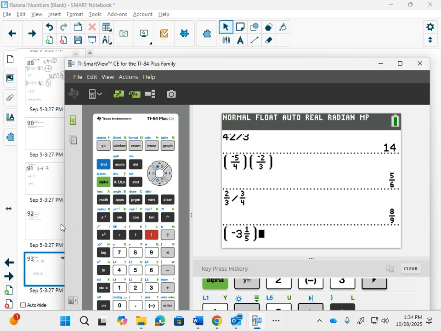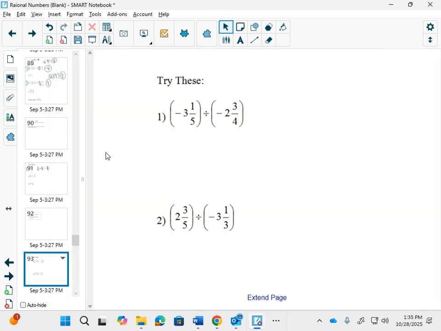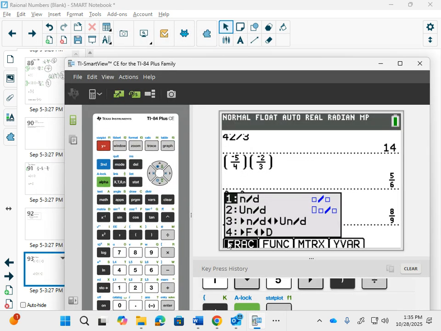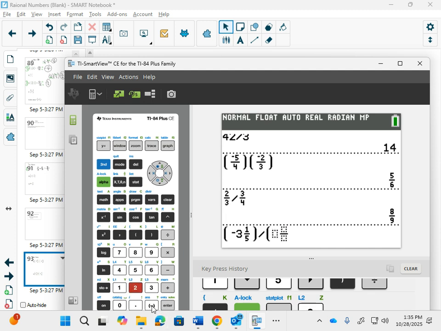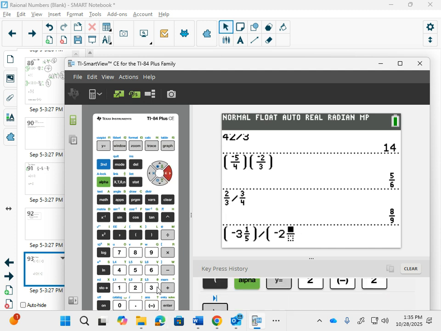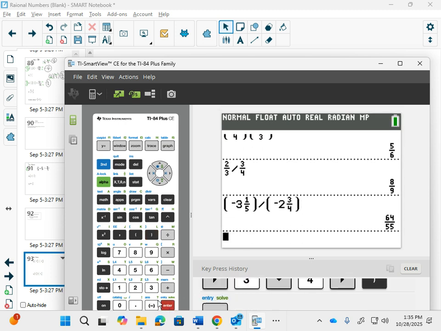Close that bracket. Divided by another bracket, negative 2 3/4. So we have a good calculator that lets us type the fractions. We push enter, and it's supposed to be 64 over 55.